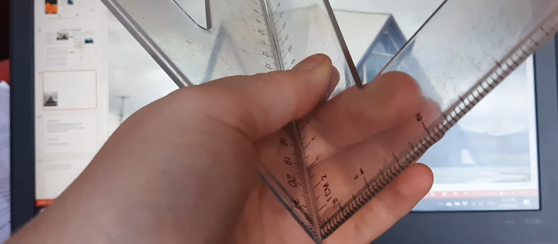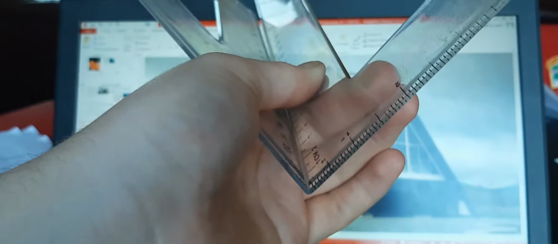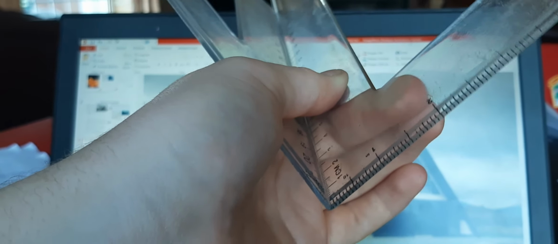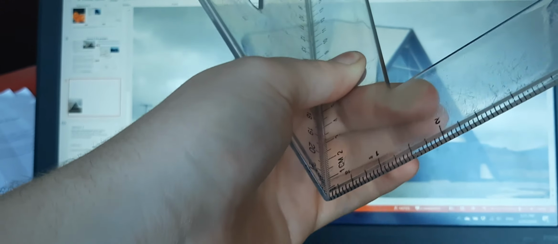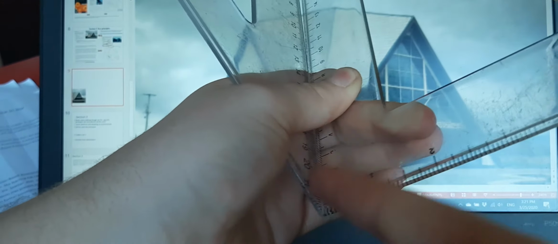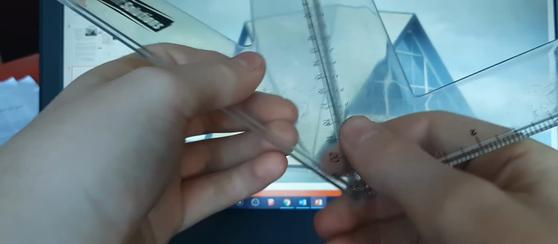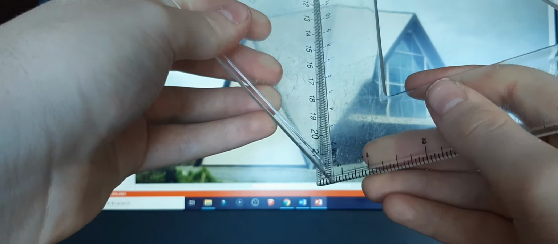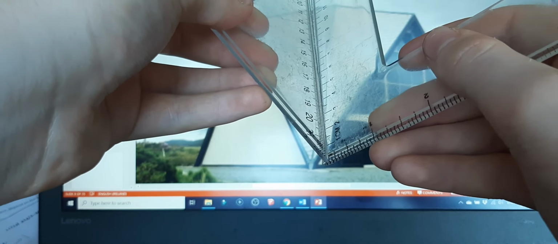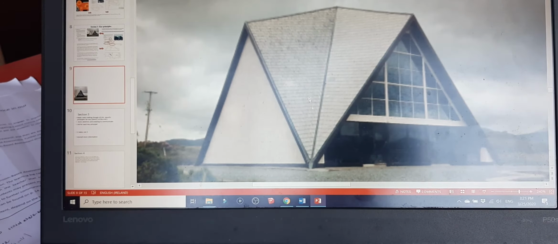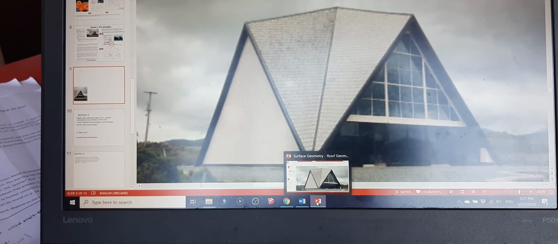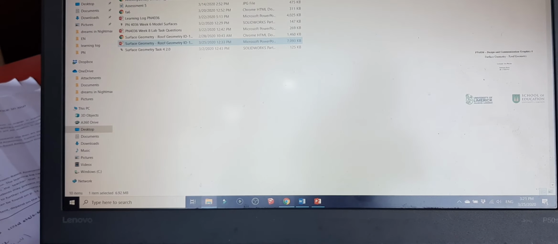If I get the camera, when you see these planes touching, they want to know what this angle is right here. So when they meet, they want to know what the angle is. Hopefully you understand that. I've said it a few times, and hopefully you can understand what I'm talking about.